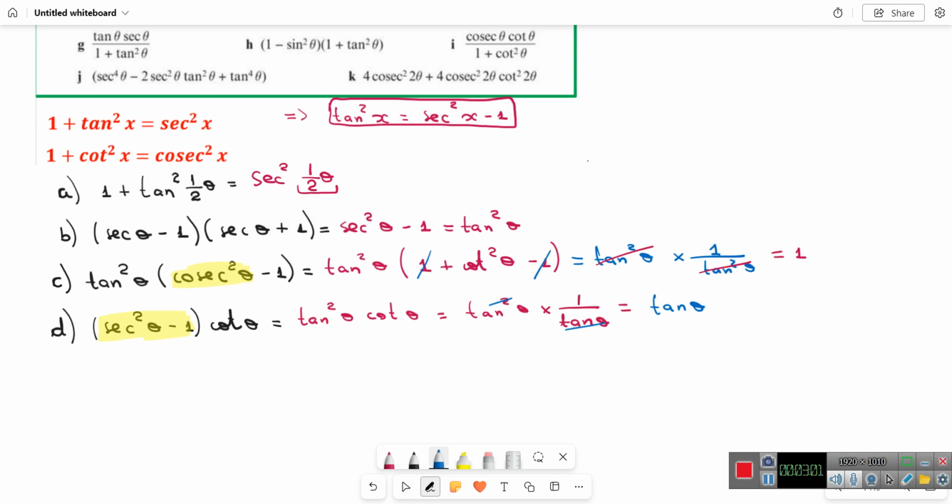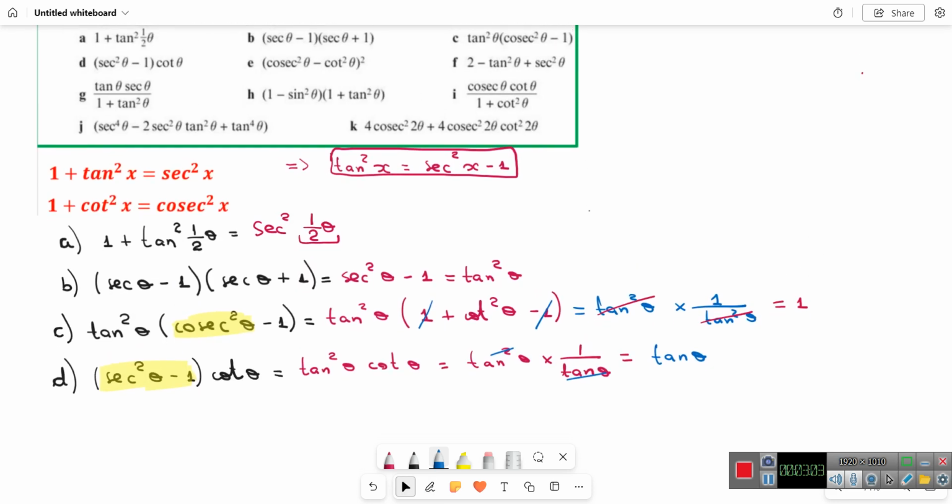Now we want E. For E we have cosec squared of theta minus cot squared of theta, everything squared.